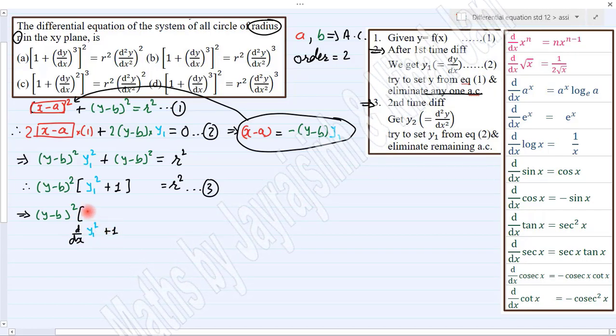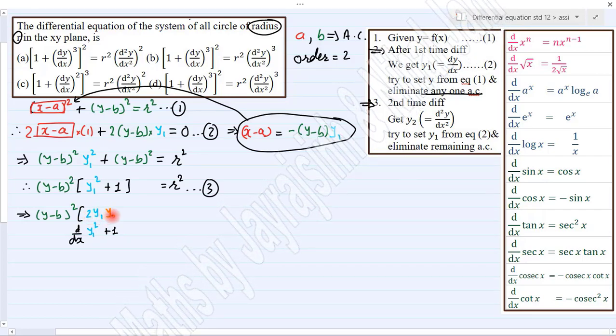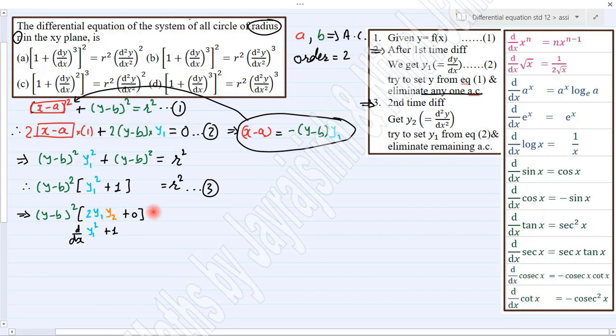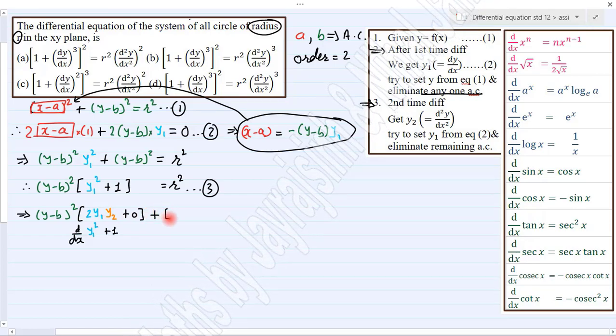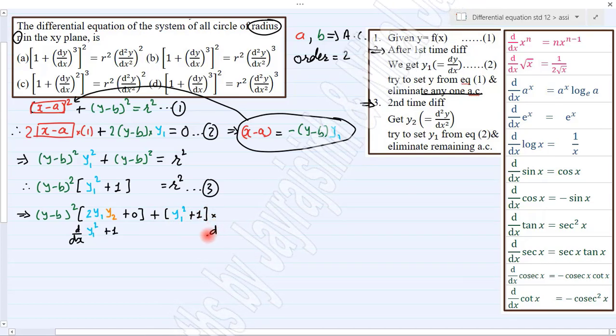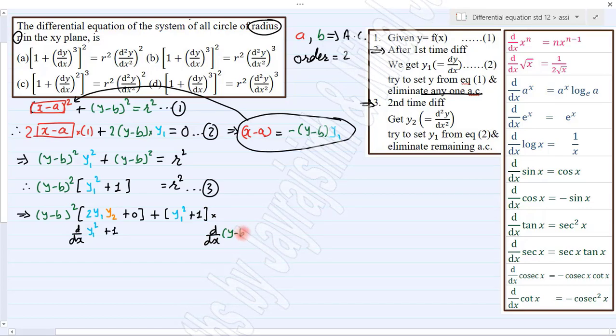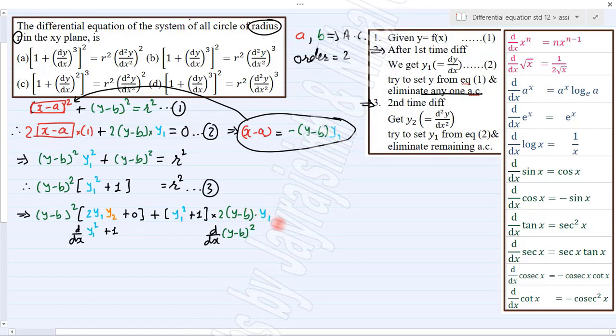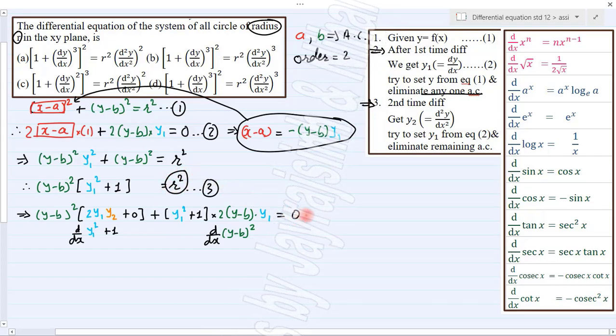Now differentiation of y1 square will be 2 y1 into differentiation of y1, which will be y2, plus differentiation of 1 will be 0, plus in the second term your y1 square plus 1 will be as it is, and we have to differentiate (y minus b) the whole square, which will be 2 times (y minus b) into differentiation of y, which is y1, is equal to differentiation of r square, which is a purely constant term, will be 0.